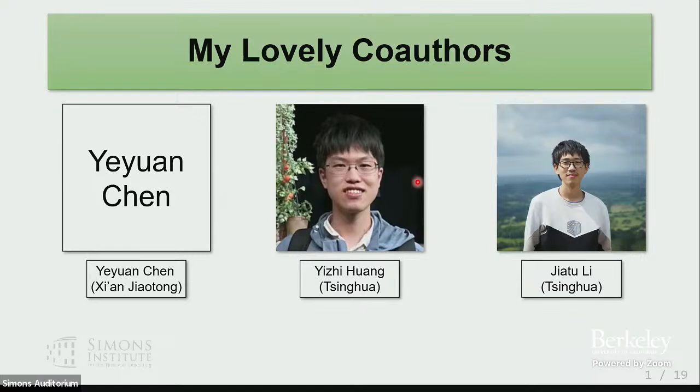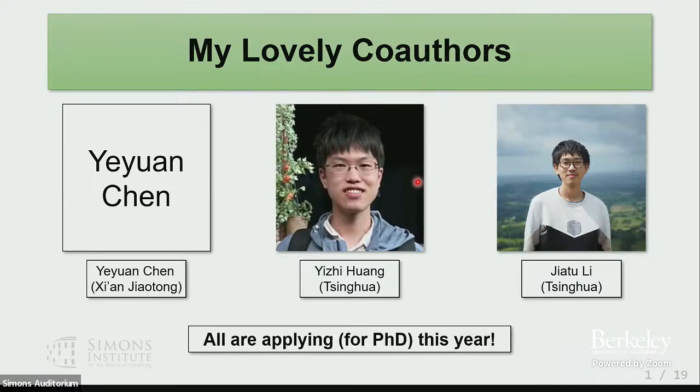Another very important point I want to emphasize is they are senior undergraduate students and they are applying for PhD. So if you see their name in your application pool, please accept their application. You can forget about what I'll mention later, but please remember this slide.